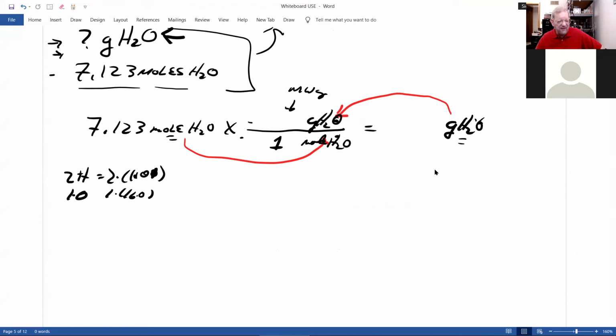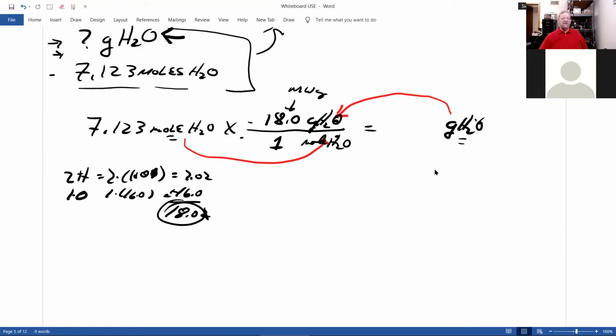So fast, I even made a mistake. And the molecular weight of water in grams, the sum of the atomic weights, is 18.0.